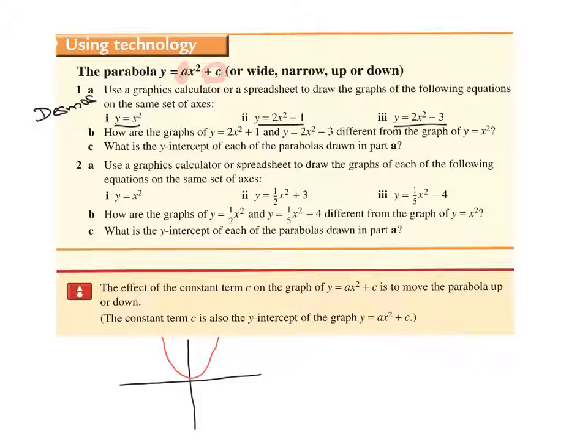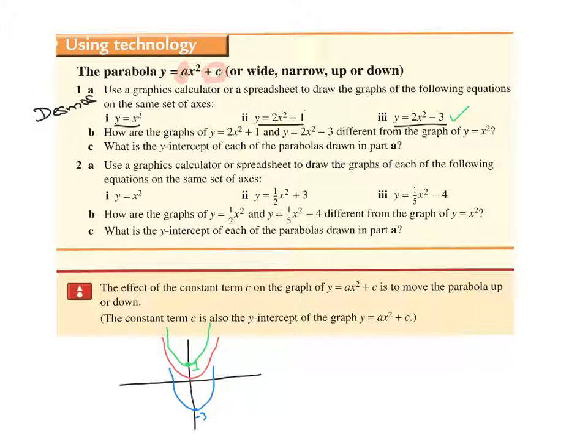When you did y equals 2x squared plus 1, the parabola should have got narrower, but it also would have gone through here at 1. And when you graphed y equals 2x squared minus 3, the width of the graph was the same, but this time it crossed at minus 3.